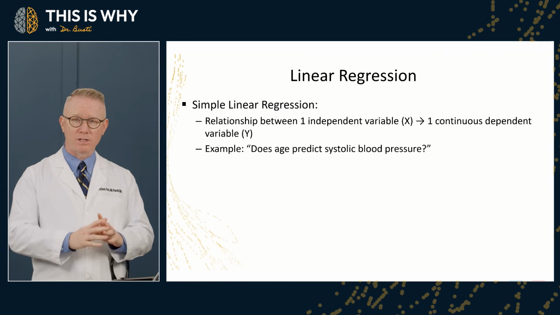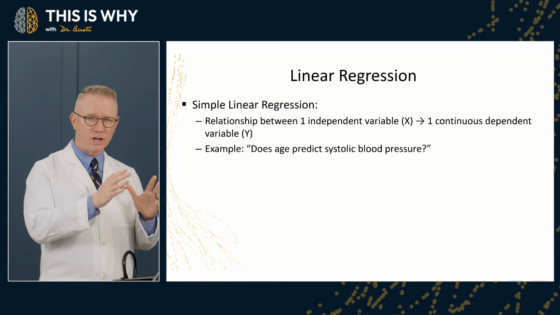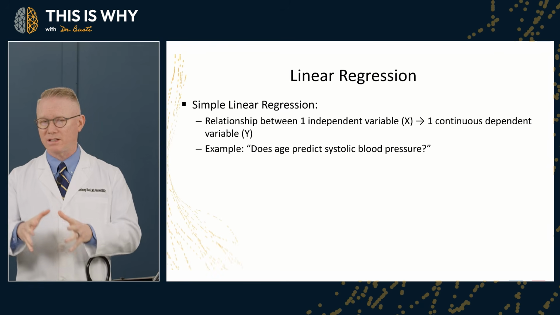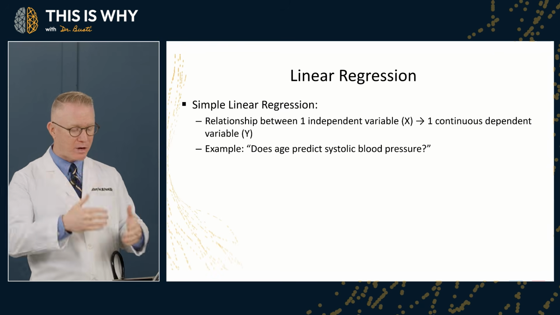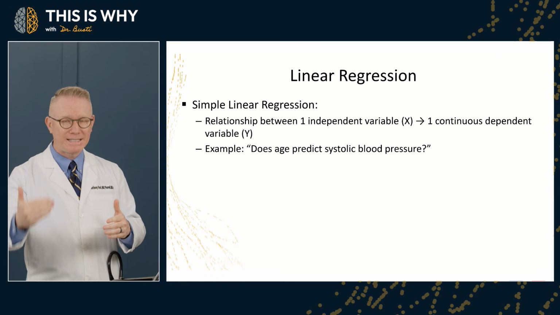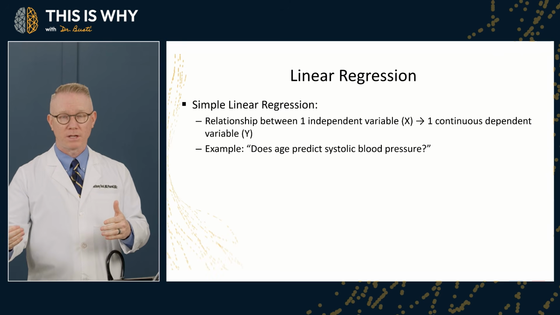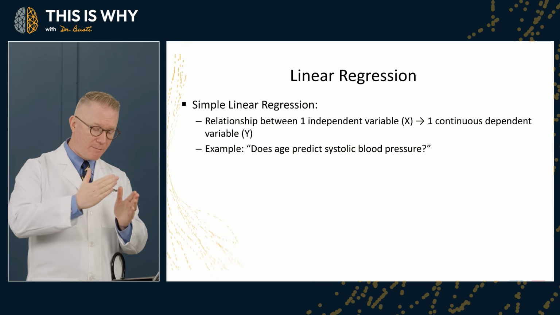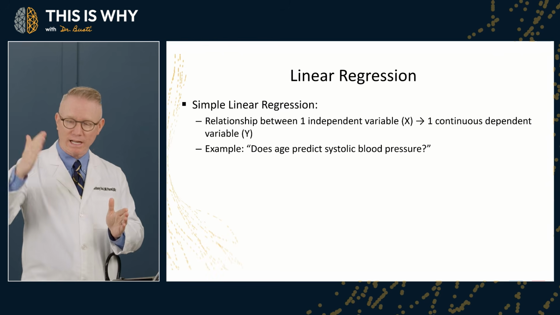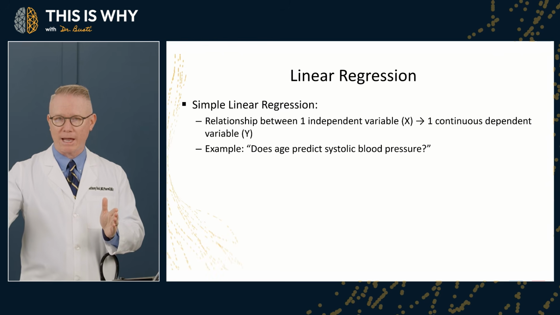But an example is, does the age of the patient predict the systolic blood pressure? Now think about it. Systolic blood pressure is a continuous data endpoint. Continuous being, it can go on to infinity, and the magnitude of difference between each level of the blood pressure is the same.